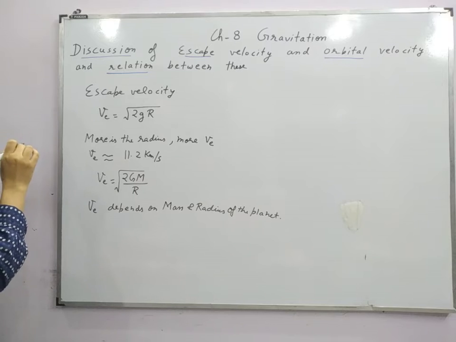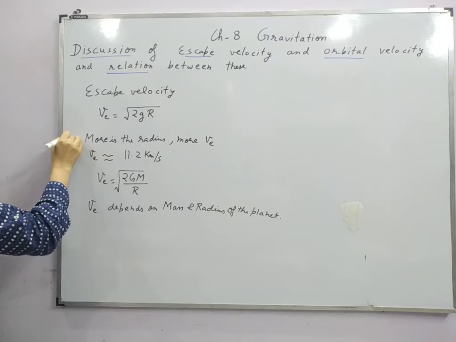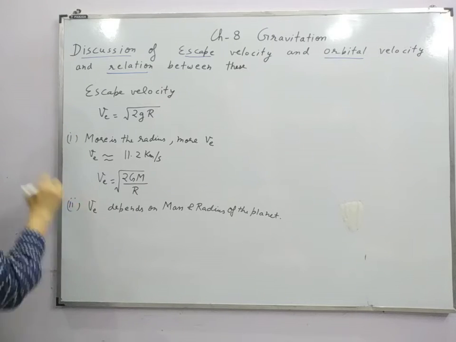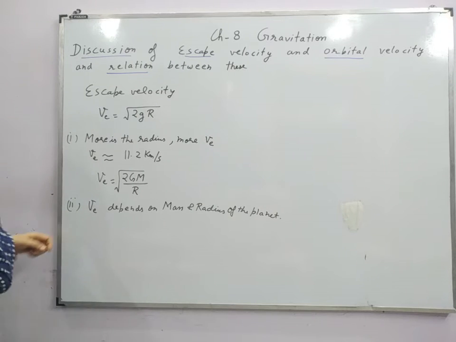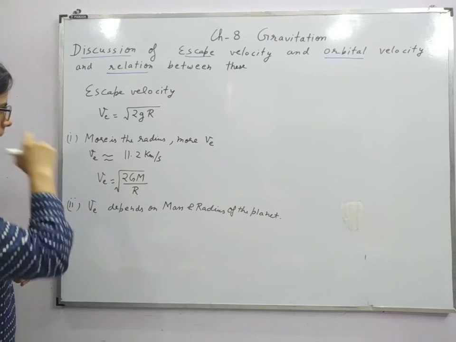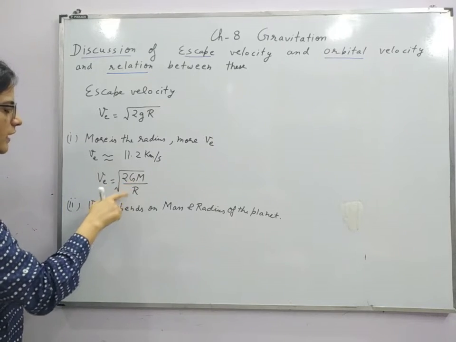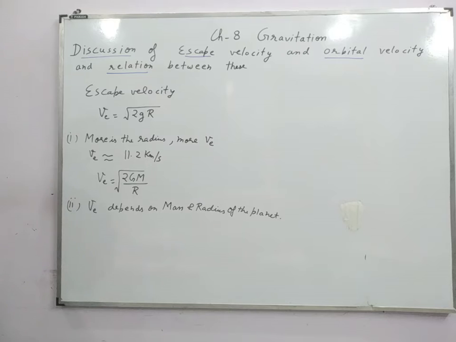Right? So here these are important points. First, more is the radius, more is the escape velocity. Right? And from here, we know that it depends on the mass and the radius.